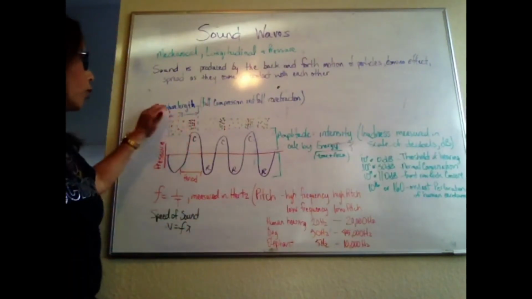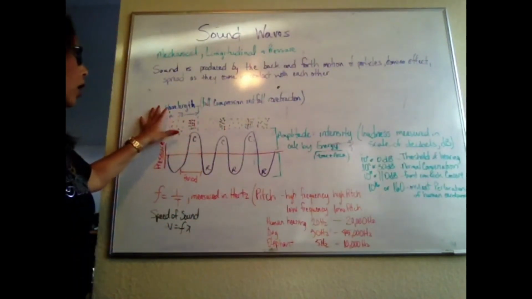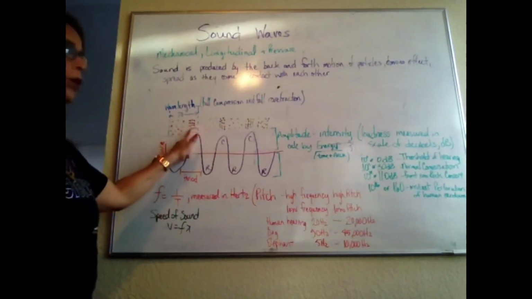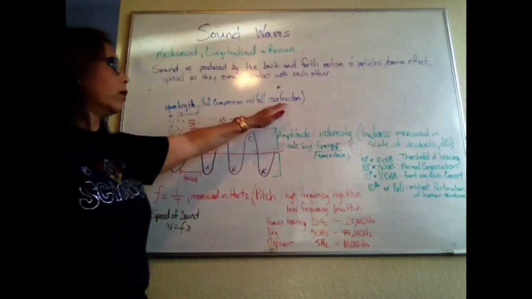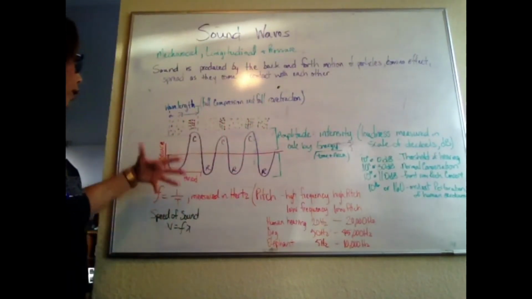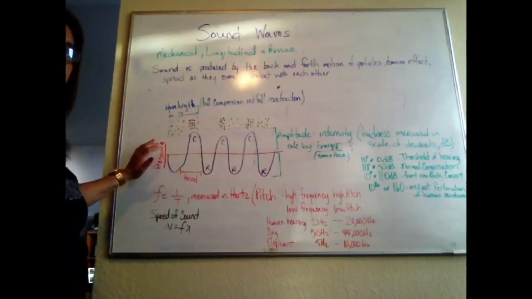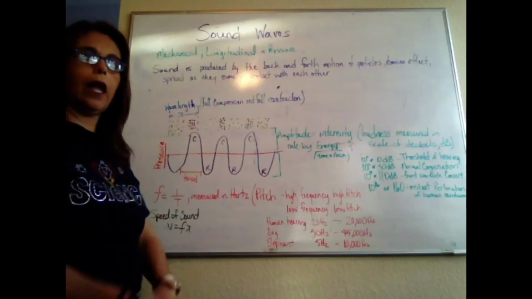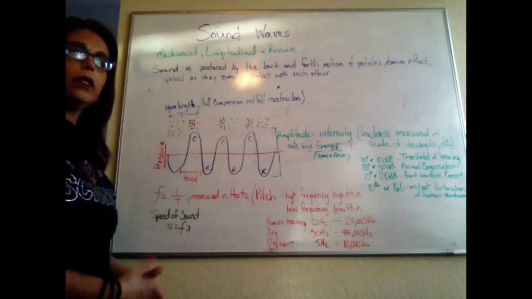Now the wavelength of sound waves is looked at with a full compression, where it's squeezed together in the really tight areas, and a rarefaction, where it's relaxed as the energy moves along. So we usually equate this to the sinusoidal waves, the up and down motion that you see in a sound detector.